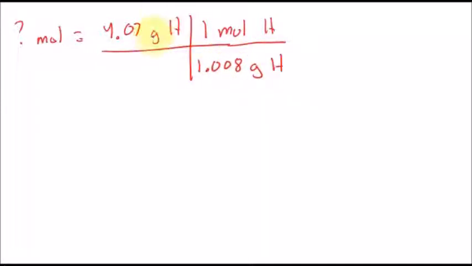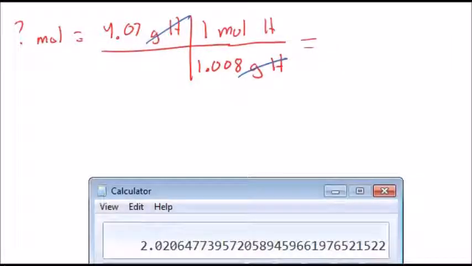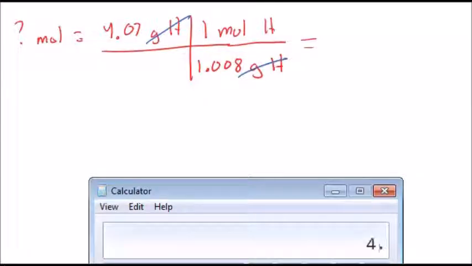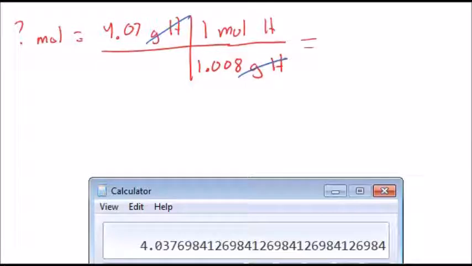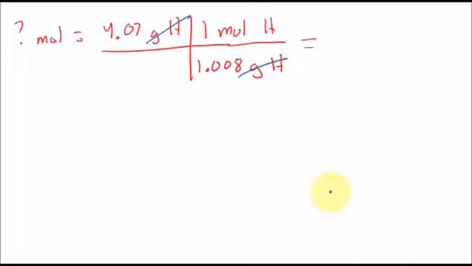From here, we can see grams of hydrogen cancels out with grams of hydrogen, and we're left with moles of hydrogen. So from here, we can do the math. 4.07 times 1 is 4.07 divided by 1.008. Our answer needs to be rounded to 3 significant digits, so we're going to take our answer as 4.04.